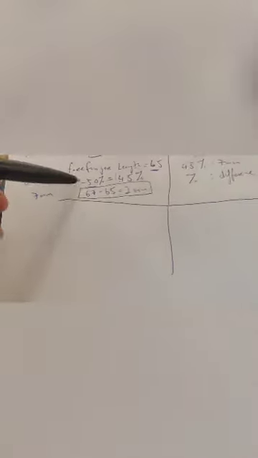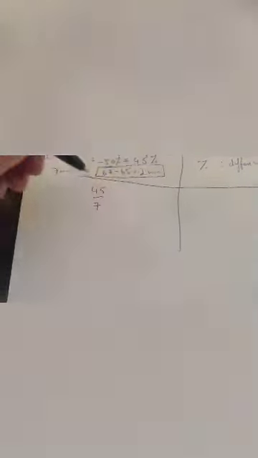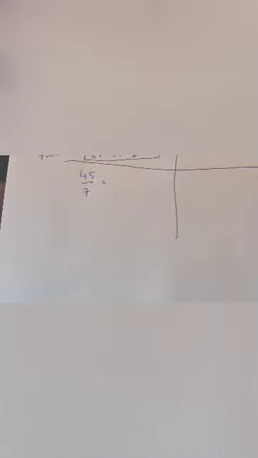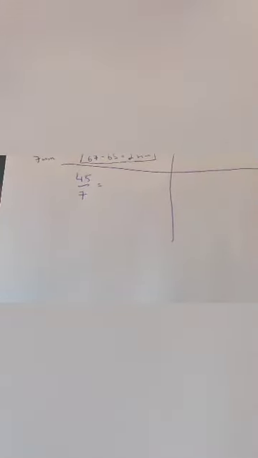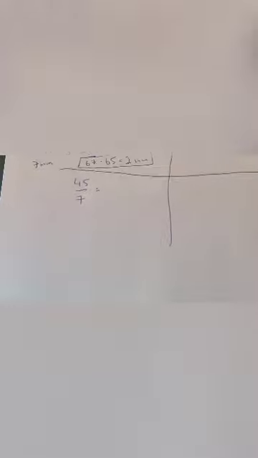So I know to calculate 1 millimeter, or how much percentage 1 millimeter is within this range here, it's going to be 45 divided by 7, which gives me 6.42% per millimeter.